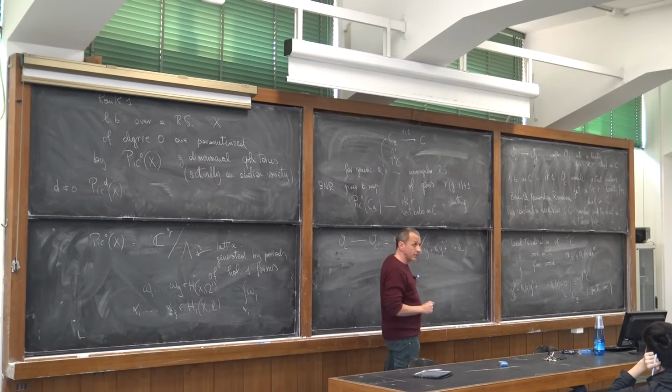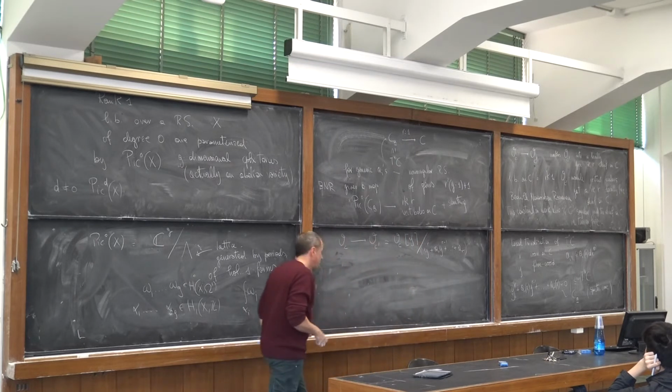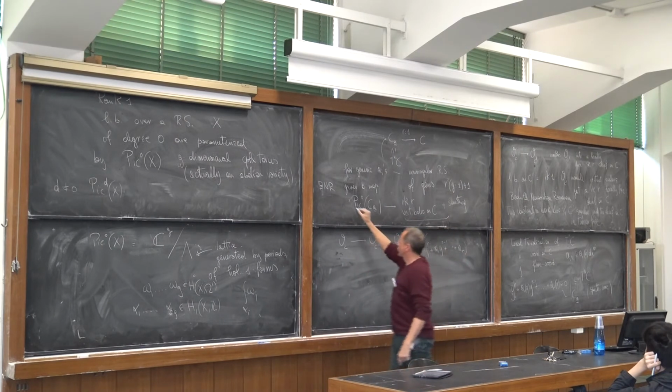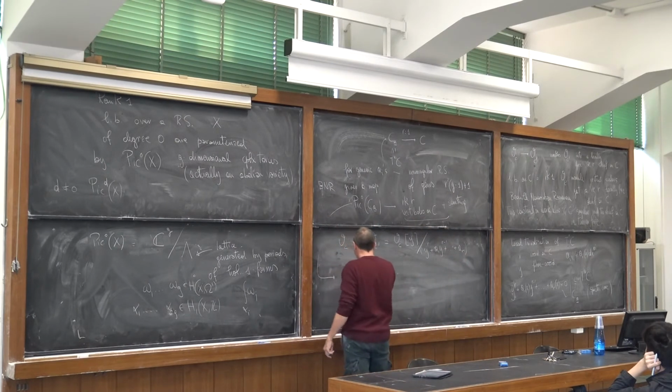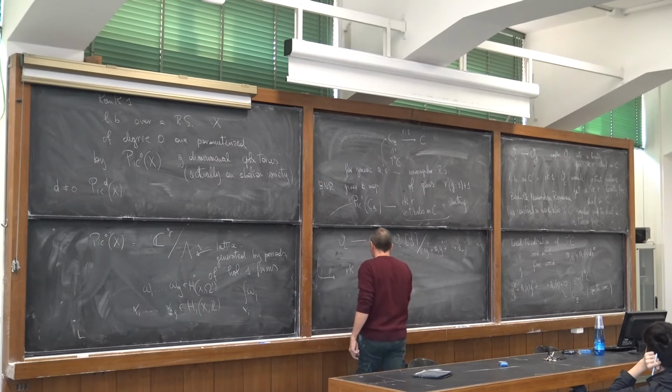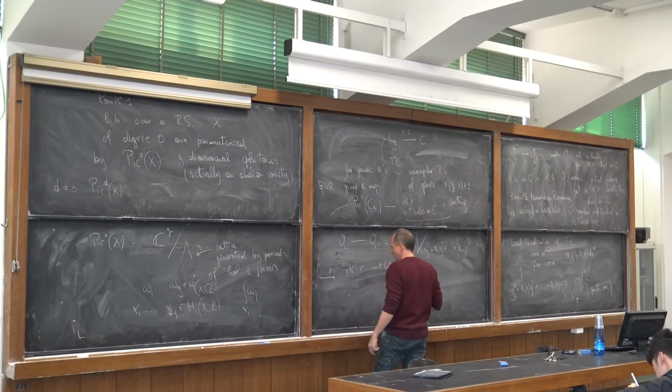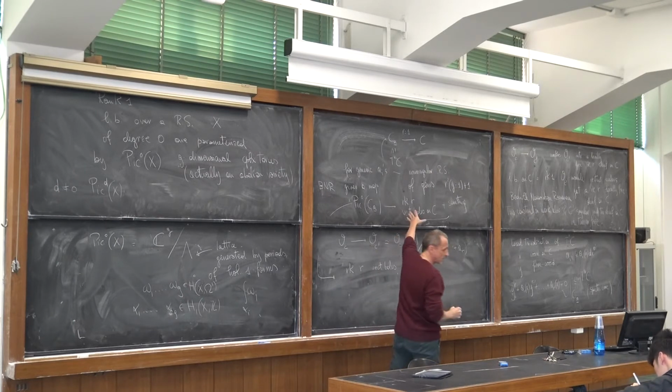Okay? So this actually gives rank R vector bundles. I didn't say anything about the degree. The degree can be computed by Riemann-Roch, but it's not very relevant now.